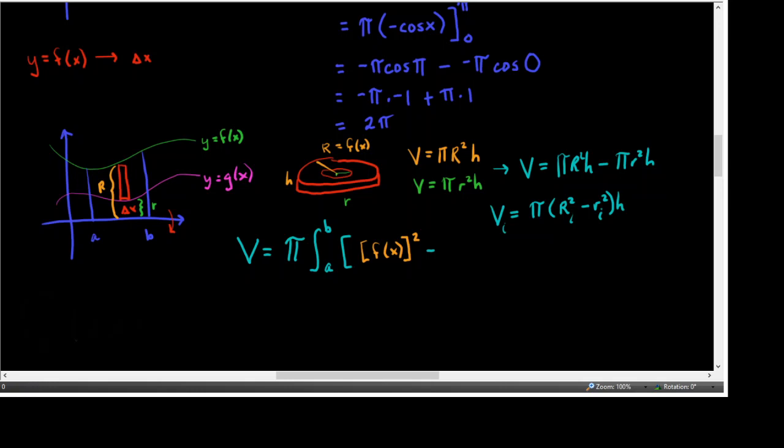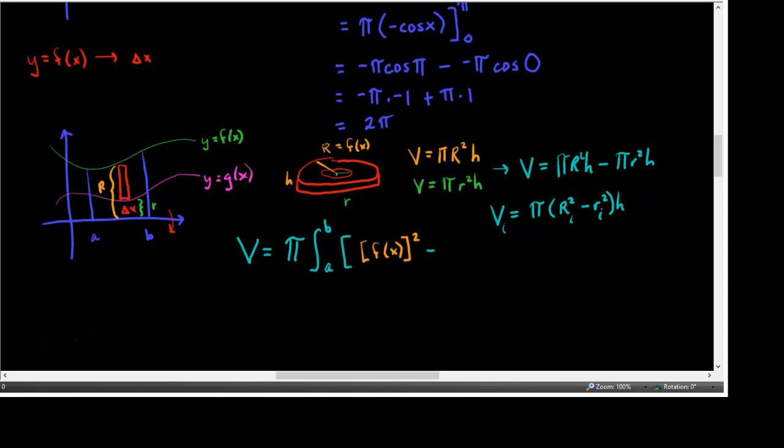The outer radius, big R, is always measured from the axis of revolution to the far end of the rectangle. The inner radius, little r, is always measured from the axis of revolution to the closer end of that representative rectangle. So make sure that you internalize those words, and you might notice that a picture is really, really helpful here so that you can figure out what big R and little r are equal to.